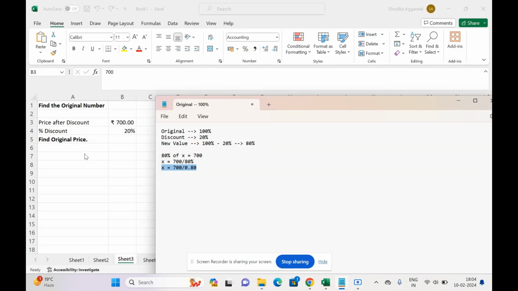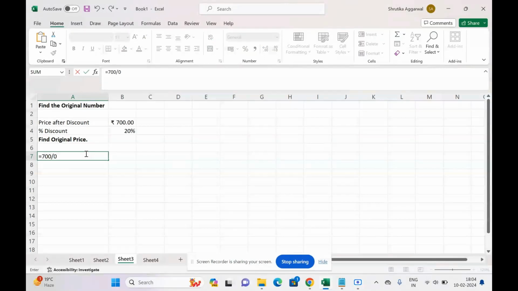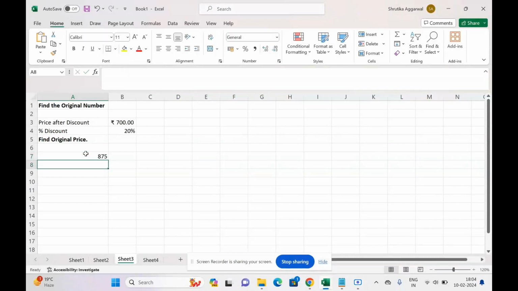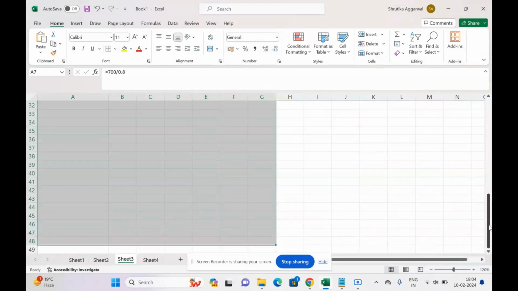Okay, let's see what I get with my formula. So I'm saying my original price is equal to 700 divided by 0.80, which should be 875.